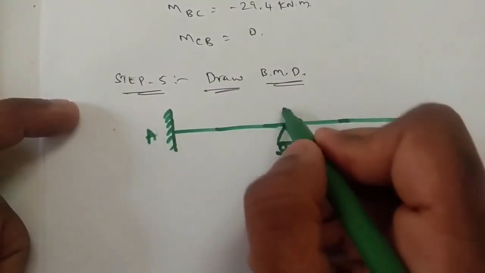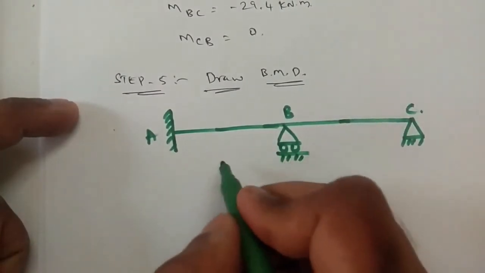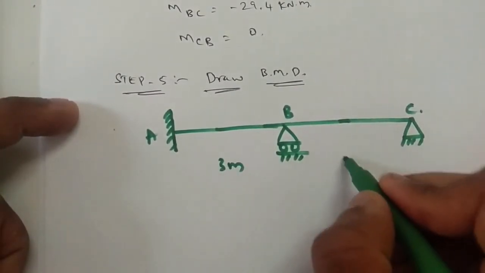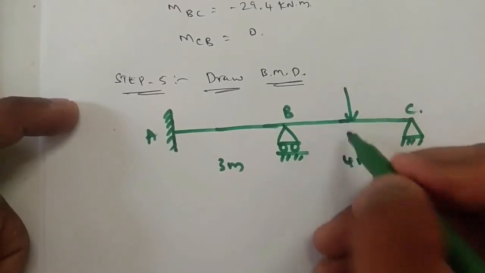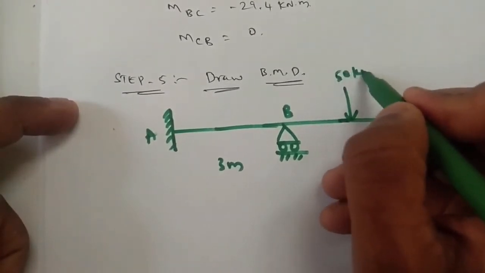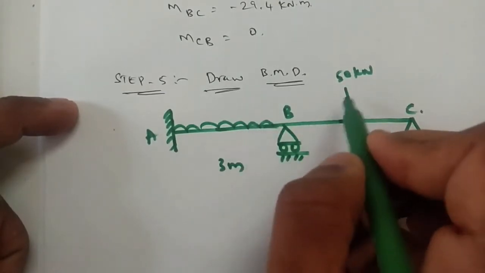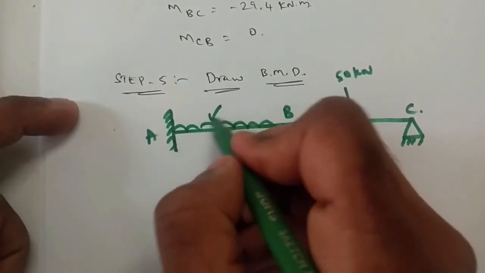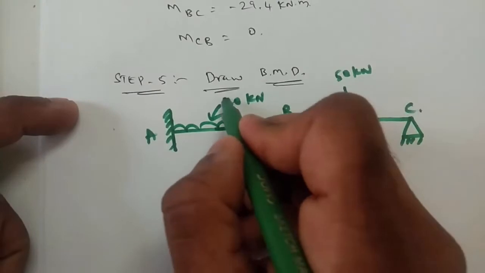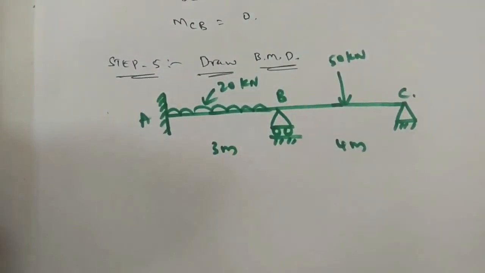This is support A, support B, support C. Length is 3 meters, this is 4 meters. One UDL load of 20 kilonewton, and this is one point load 50 kilonewton. Okay. After drawing this, you have to draw reference lines.